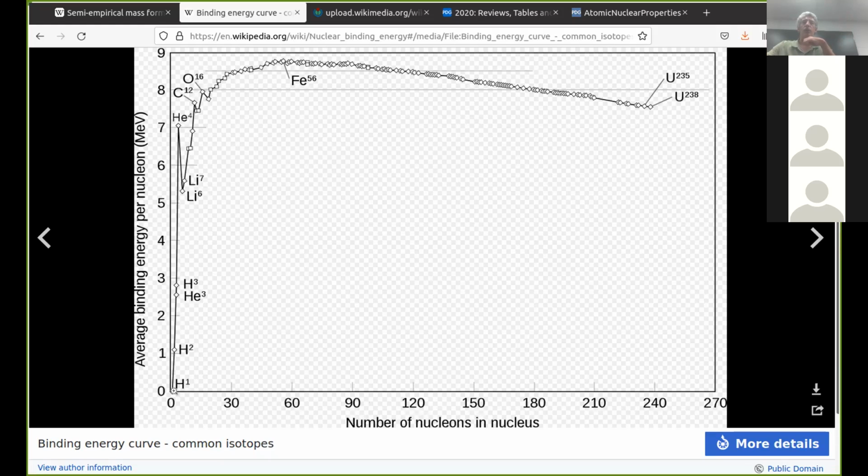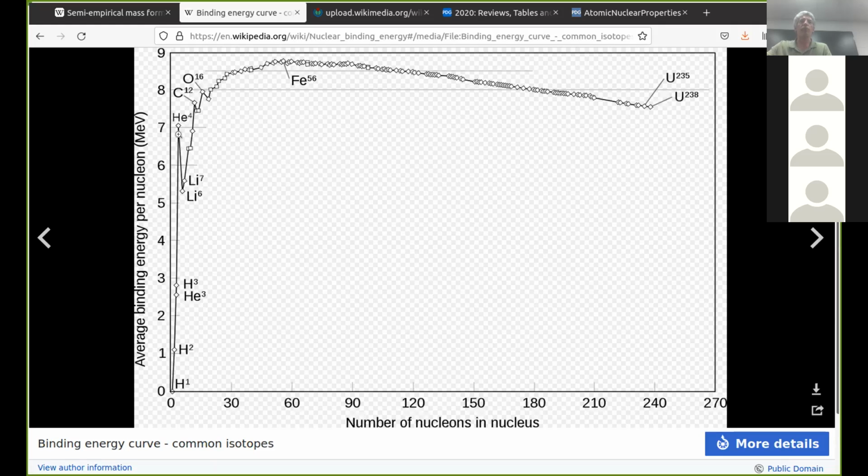Okay, so then we see we have hydrogen, deuterium. Hydrogen, of course, is a free proton, so no binding energy, just one particle. We have a deuteron, we have a triton and helium-3, which is a radioactive isotope of helium, right?